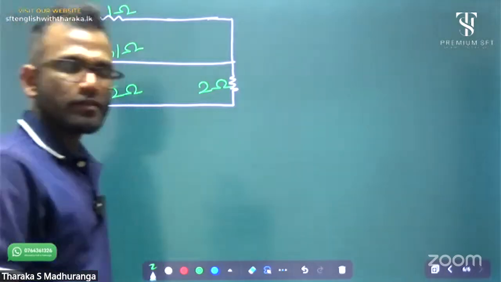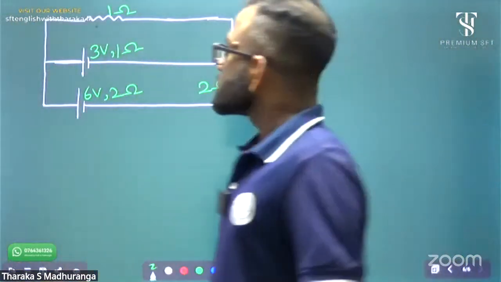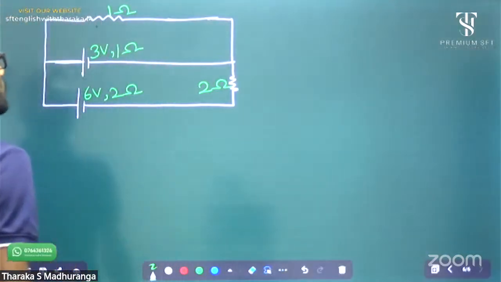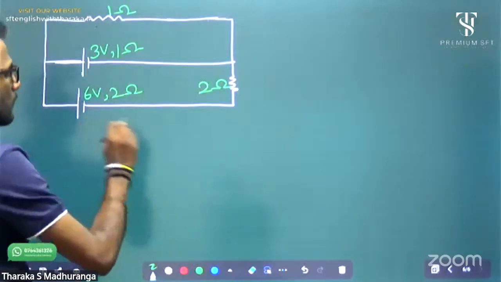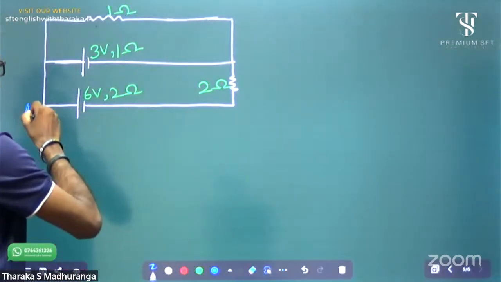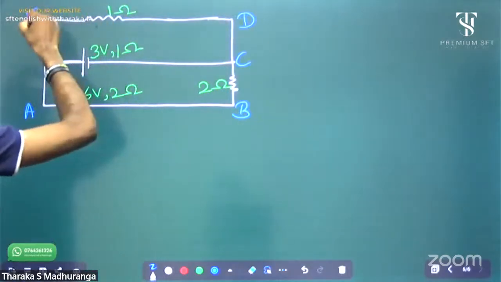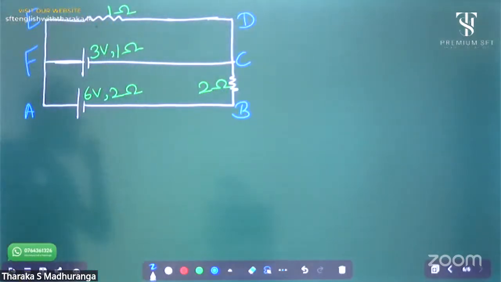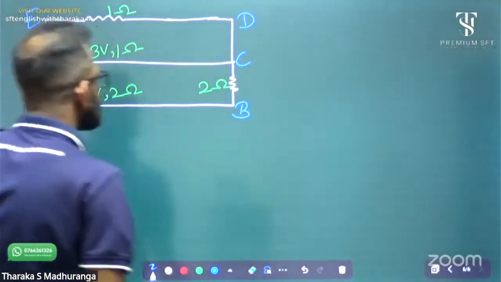Okay, this is a circuit. Second step, label the circuit A, B, C, D, E, F. You can use any order. There are no tough rules in these calculations.